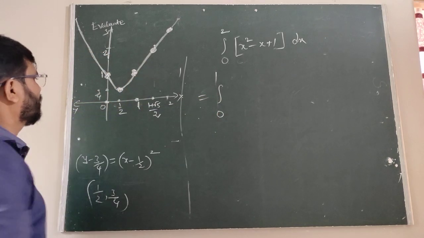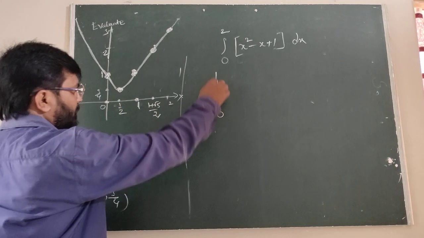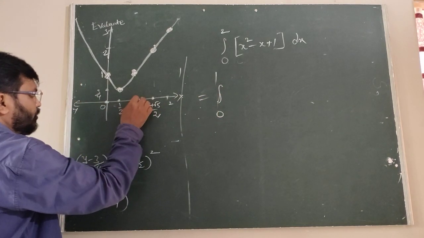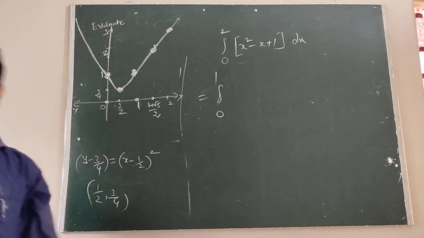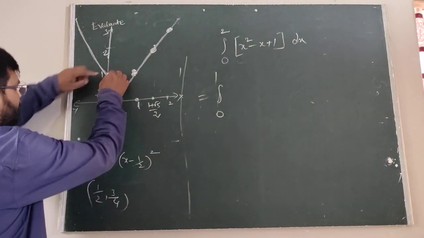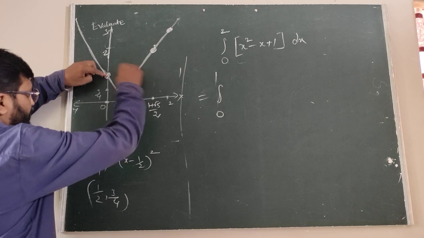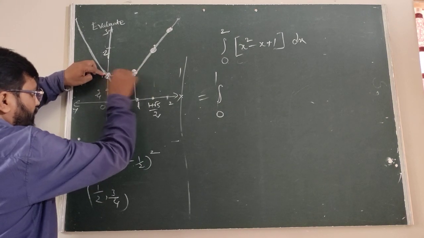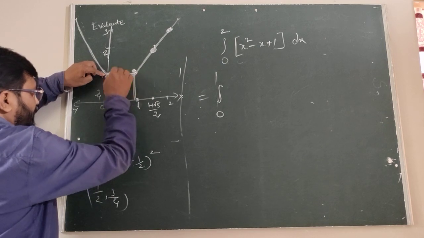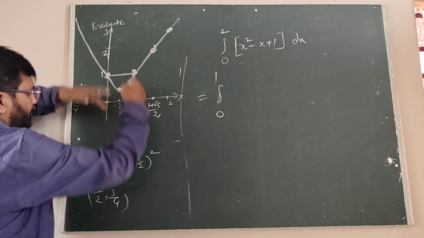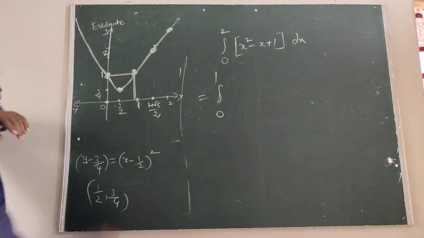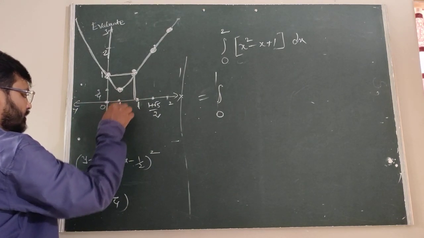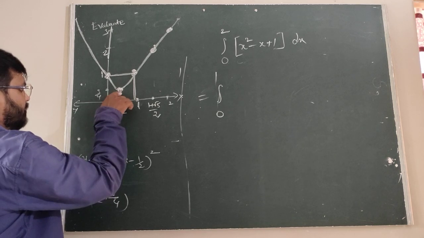Suppose we are taking 1 by 2, in this region, that is 3 by 4.